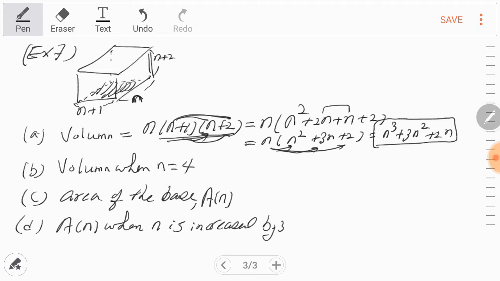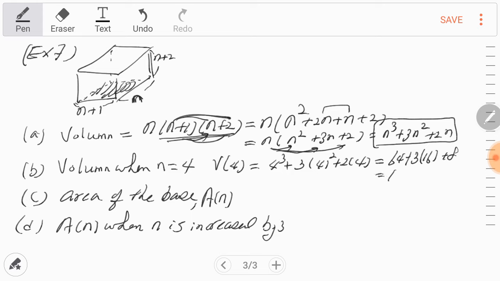Okay, letter B is, find the volume when n equals 4. So what we do is replace this n by 4. So n cubed is 4 cubed plus 3 times 4 squared plus 2 times 4. Then 4 cubed is 64, plus 3 times 4 squared, which is 16, plus 8.